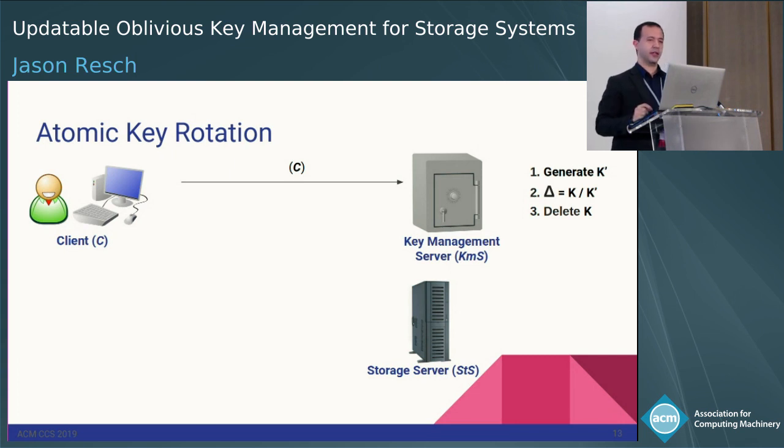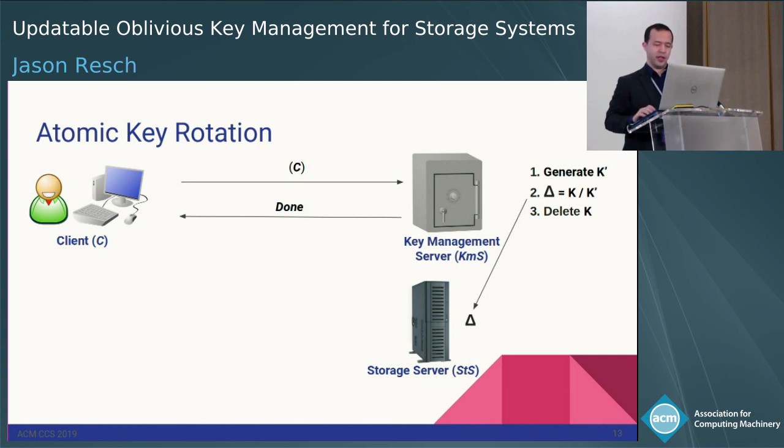We'll call that key K prime. It then computes a delta, which is K divided by K prime. It sends this delta to the storage server. And then finally, it deletes K. That's it. The KMS can now tell the client that the key has been rotated. The old key has been destroyed and is no longer of use to any attacker who might have it.